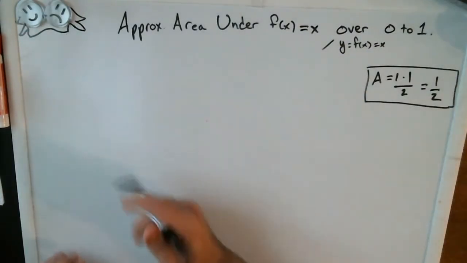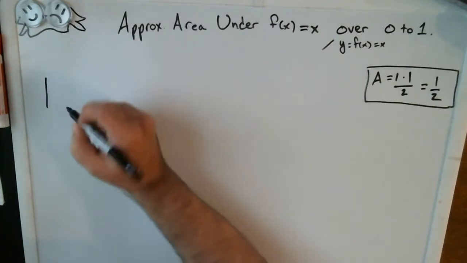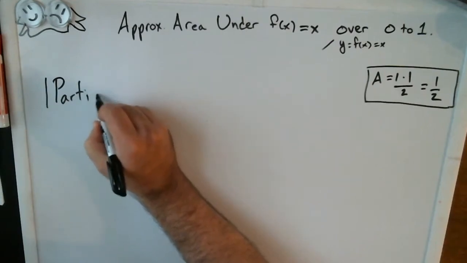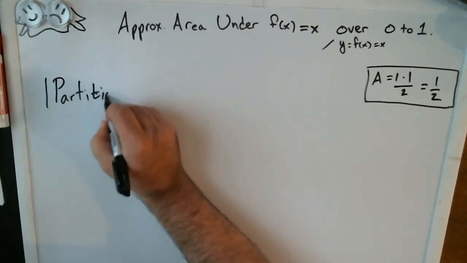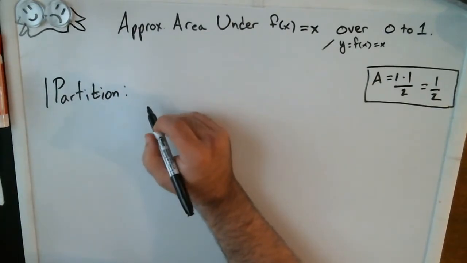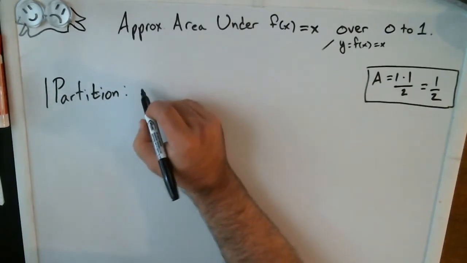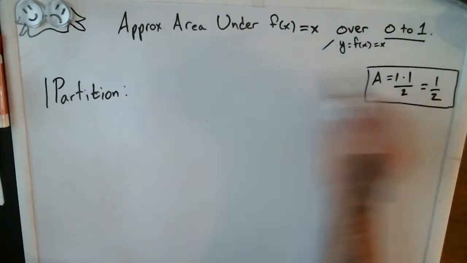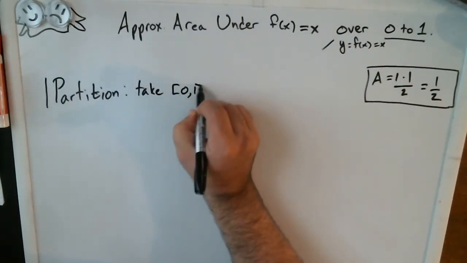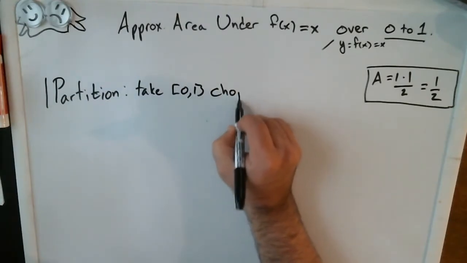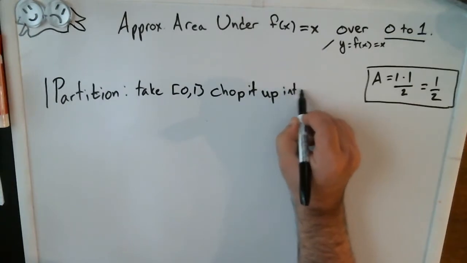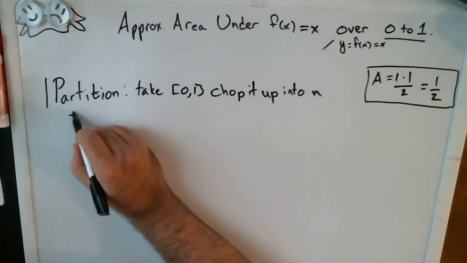Step 1 is that we're going to create a partition. Sorry about my weird handwriting here. What we want to do is take this interval, 0 to 1, and chop it up into n equal pieces.